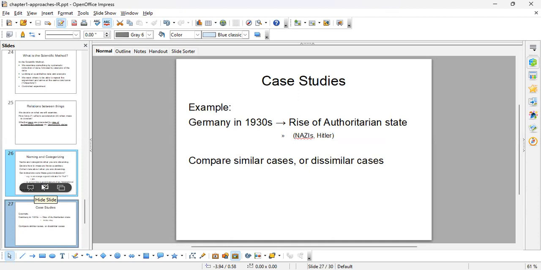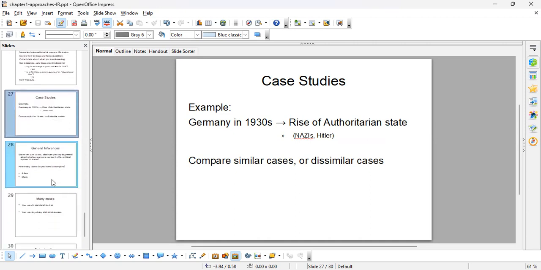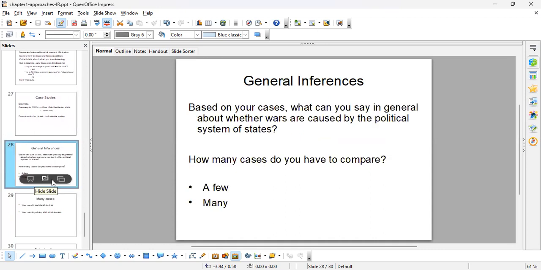From these similar and dissimilar cases, you might find certain things in common as far as causal relationships. And you might also find things which are very different. Based on your cases, if you are able to make generalizations about the causes of war, then you are basically following the empirical method.